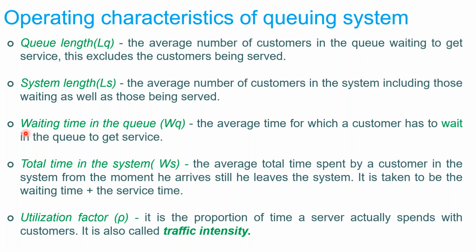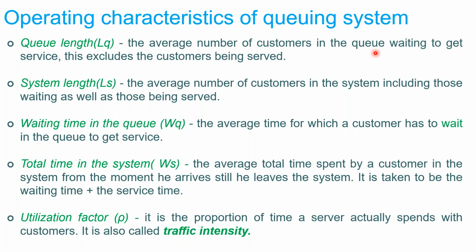Okay, now the third thing that we have to see is waiting time in the queue. It is represented by WQ, the average time for which a customer has to wait in the queue to get service. We have seen that there are some customers who are waiting for the service.